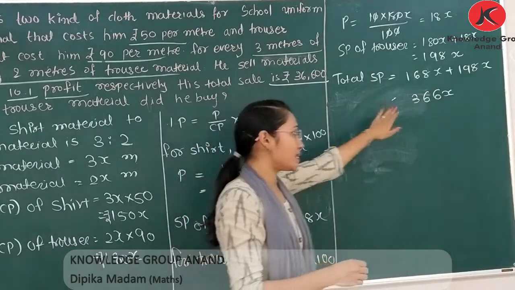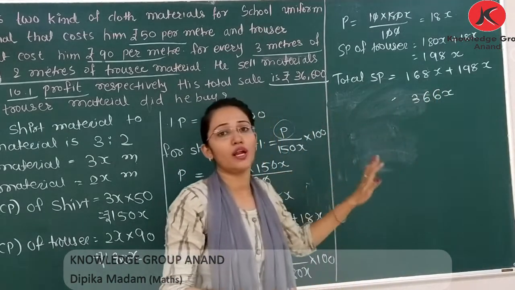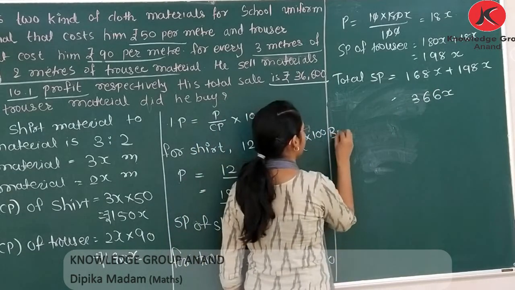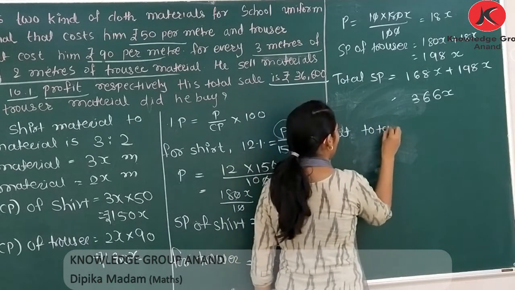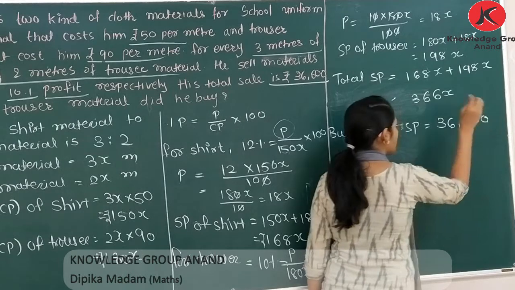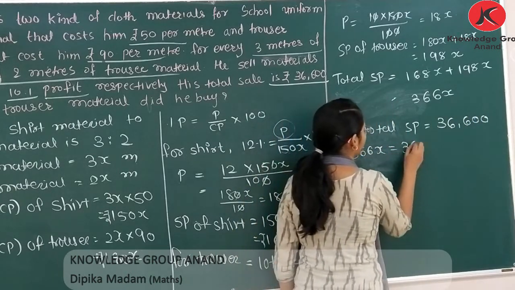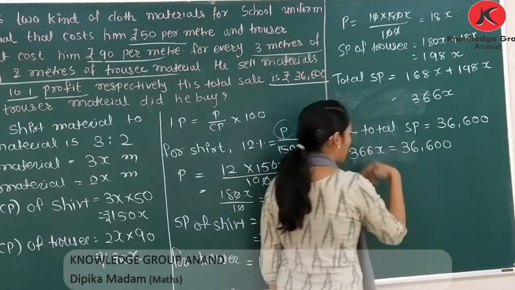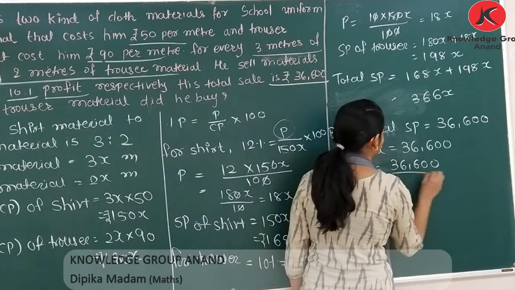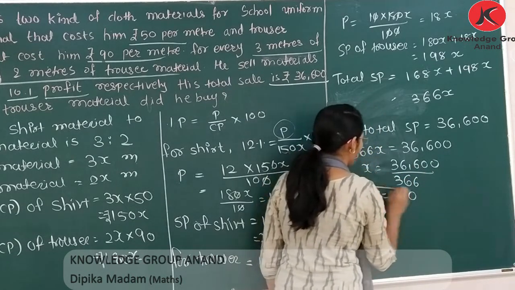So here the total selling price is 366x, but it is equal to 36,600. So we can write 366x is equal to 36,600, now divide. So we will get x is equal to 100.